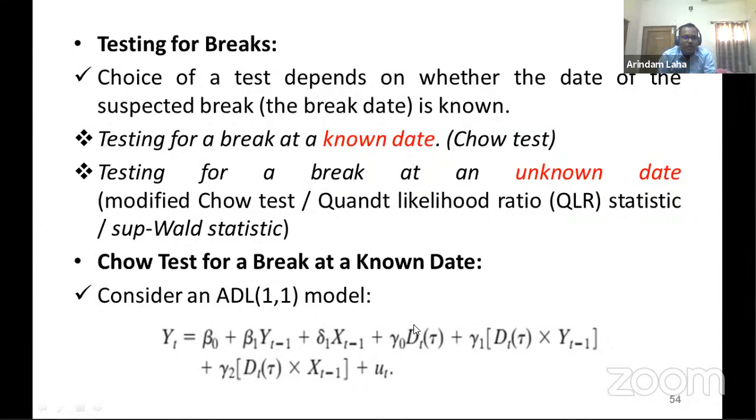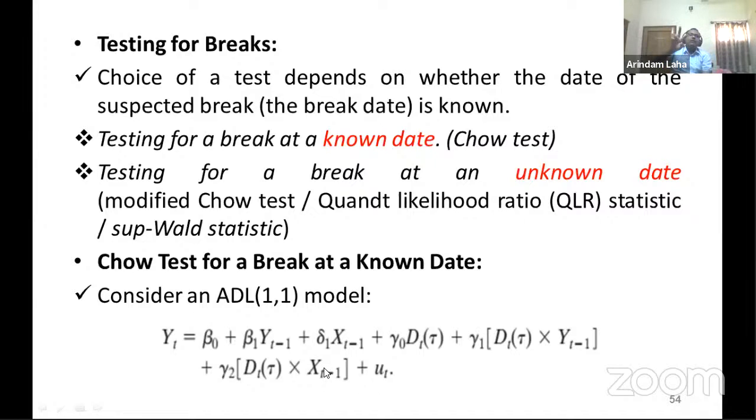So one interaction term is the dummy times your lag dependent, and another is the dummy times your lag independent. We have only two variables, one lag dependent and one lag independent, so we have two interactions.